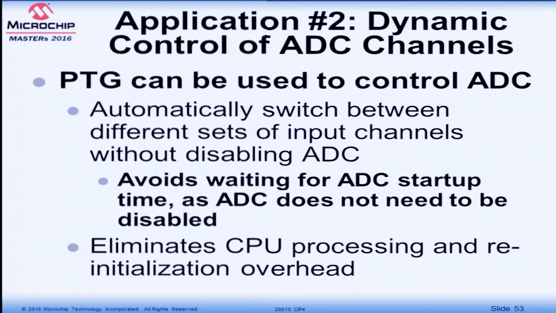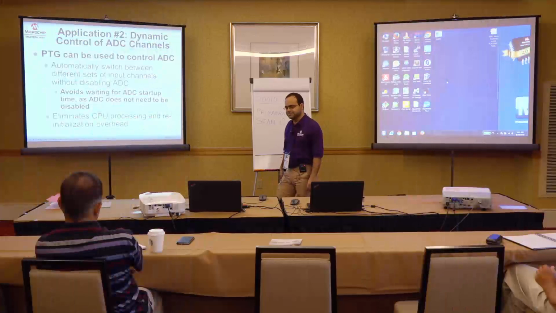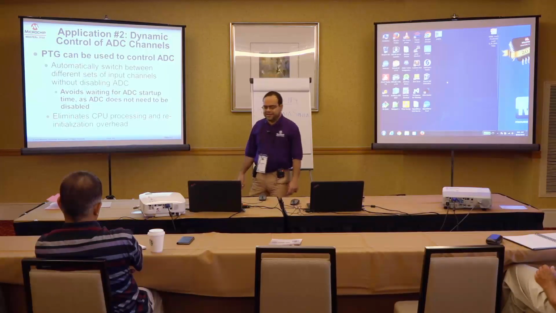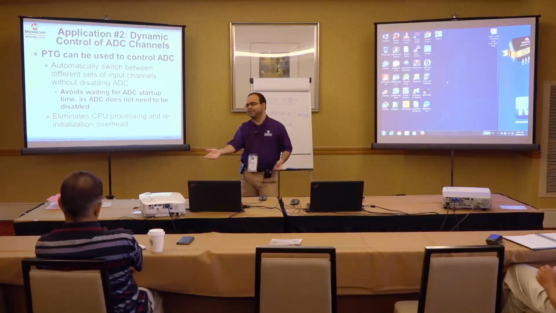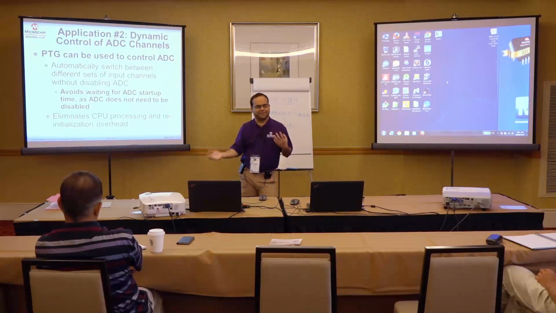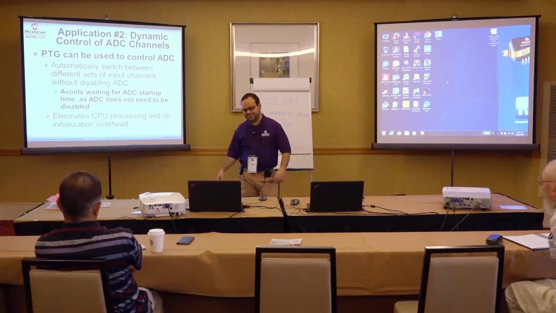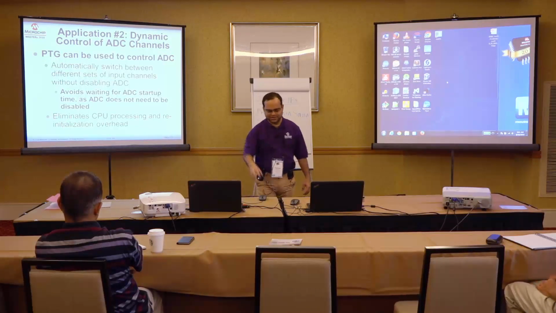So this allows you to do that through the PTG strobe command. And of course this eliminates CPU processing and reinitialization overhead, because the CPU does not have to disable the ADC module or wait for any analog stabilization time and so on. The PTG is doing all this in the background.